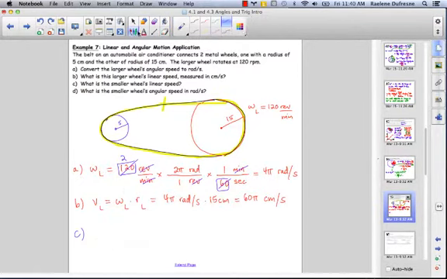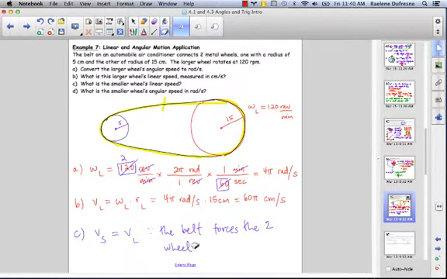So we want V for the small wheel. And V for the small wheel is equal to V for the large wheel because the belt forces the two wheels to have the same linear speed. And I'm just going to call it V.